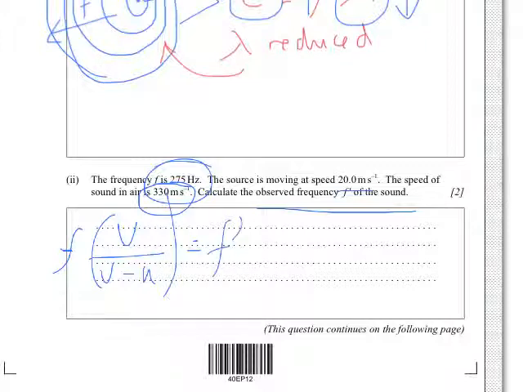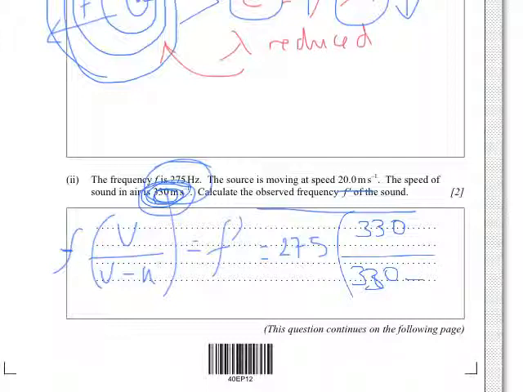Now you just have to substitute the values in: 275, which is the frequency, the speed of the sound, 330, over 330 minus the speed of the source, which is 20. And you should get a value of 293 hertz.